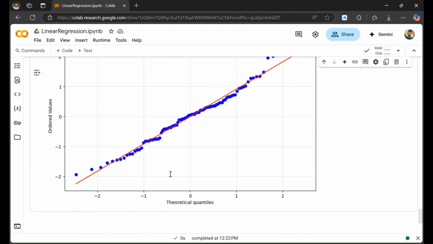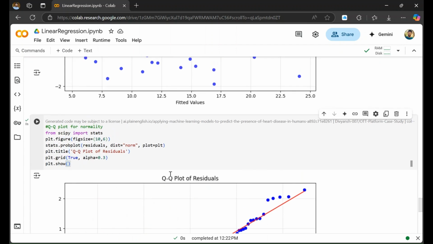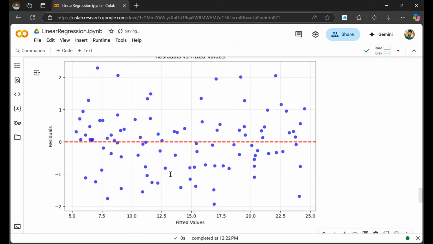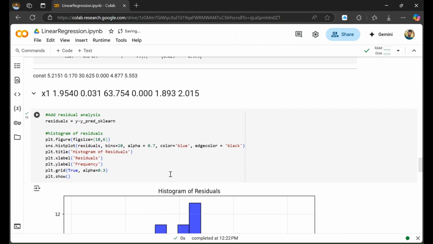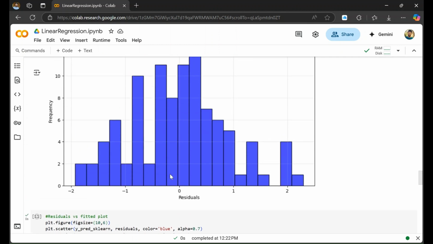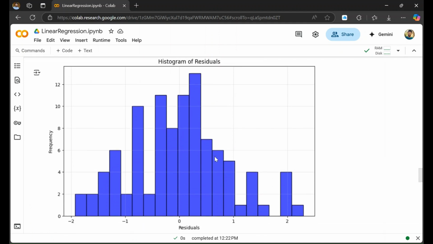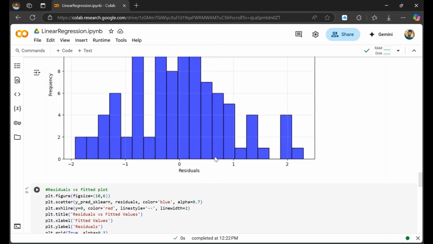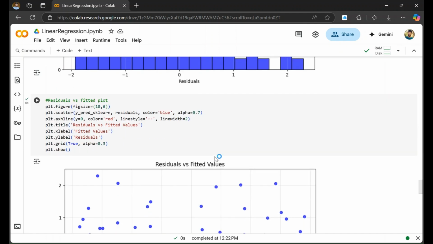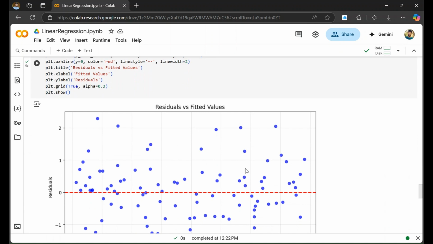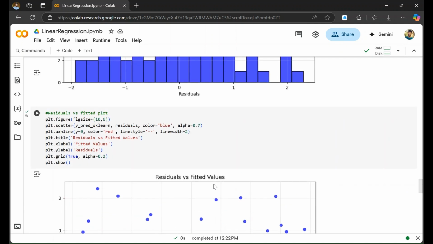The reason we did residual analysis is to check our model assumptions. First one is the histogram should be roughly balanced, like we should have a normal distribution. We're getting a roughly normal distribution, so that is there. Next, this is for checking homoscedasticity.